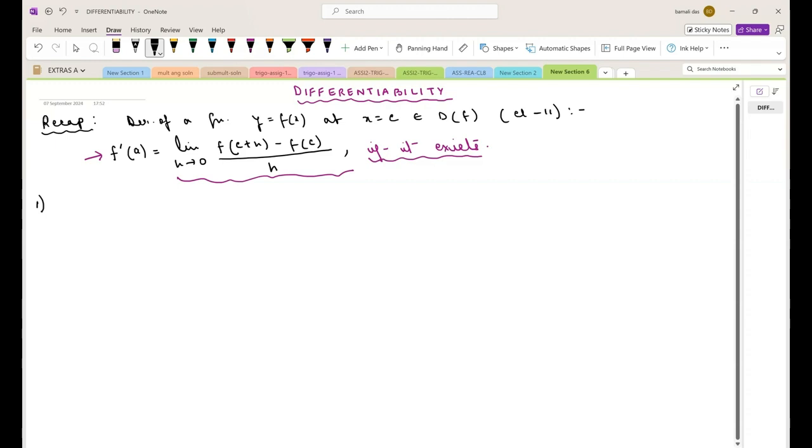So how do I define it? I'm not writing all those things, c, f, x, that is obvious.